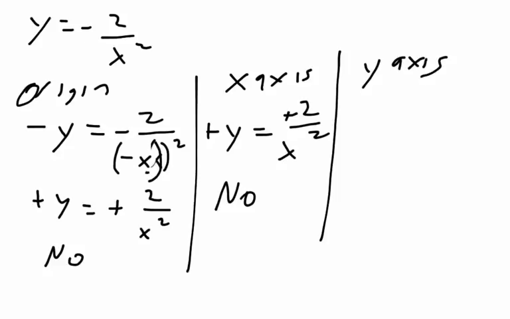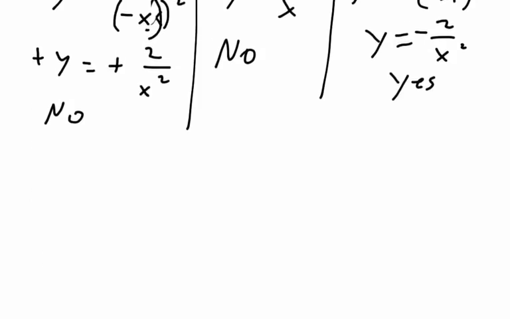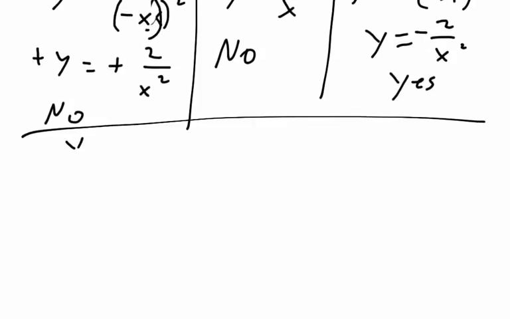For the y-axis, we change x to negative x. Well, when we square something that's negative x, it becomes positive, and so that answer is yes. I'm going to move this up so I have some more space. When we do the line y equals x, we switch and get x equals negative 2 over y squared.